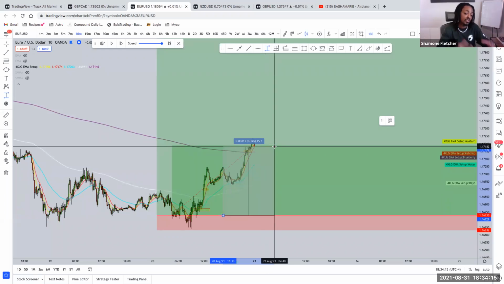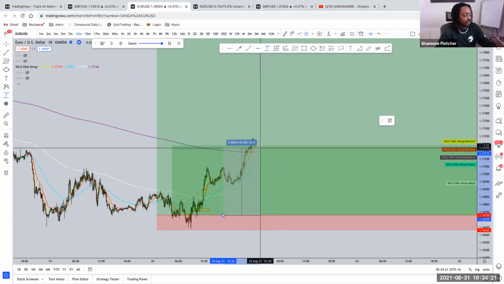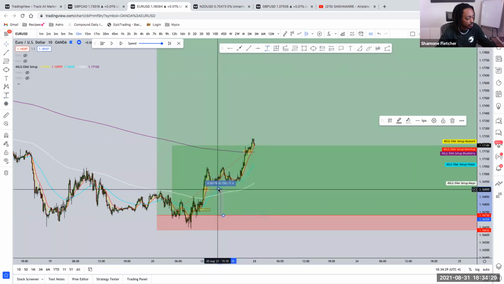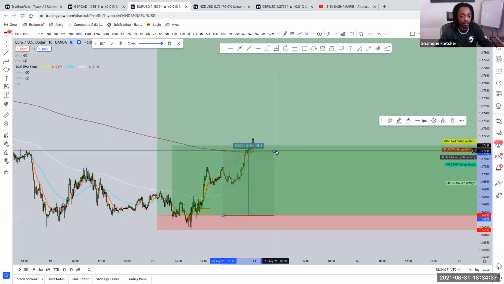You are not risking your actual equity, but you're risking the profit, right? So when you open a new position and this new position goes negative, it's not taking your initial investment. It's only taking the profit out of what you were making from here. That is why I'm telling you guys to hold your trades, because it's saving you money.